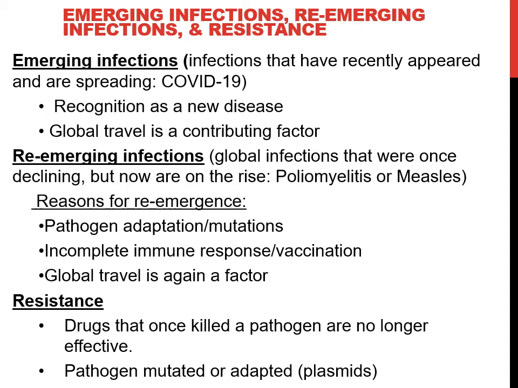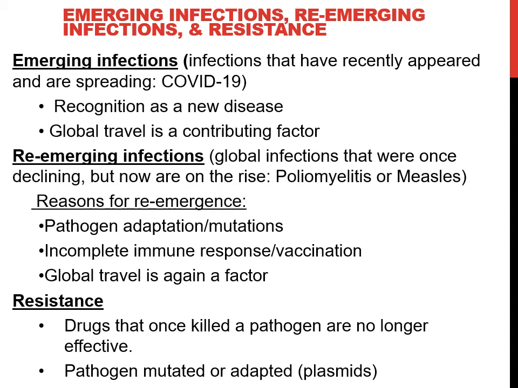Well, they can either mutate or they can adapt. And the way they adapt is with plasmids. So plasmids are just little tiny bits of extra DNA in the bacteria that can produce a protein that can now make the antibiotic that's in the system ineffective.